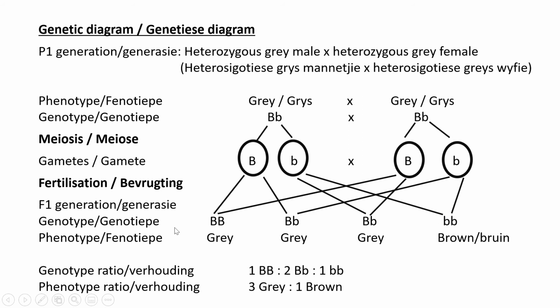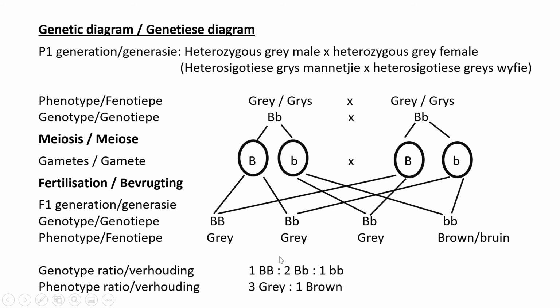They can also ask you what the chances are for the phenotype. There's a 1, 2, 3 out of 4 possibility of getting a gray individual and a 1 out of 4 possibility of getting a brown individual. So also what you have to write down for your genetic diagram at the end is your genotype ratio and your phenotype ratio. There's one individual that is capital B, capital B, so the ratio is 1 to 2 individuals that are heterozygous to 1 individual that is homozygous recessive.